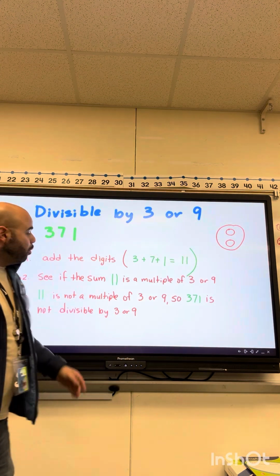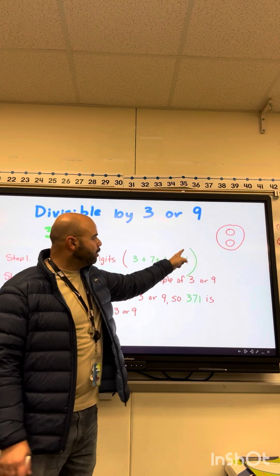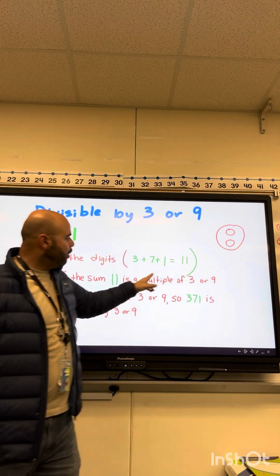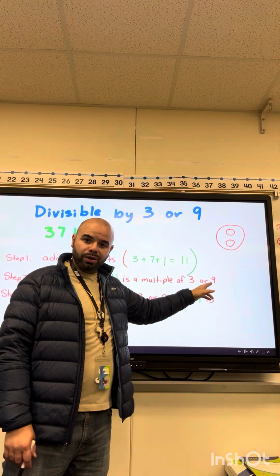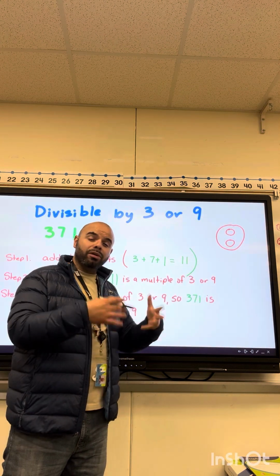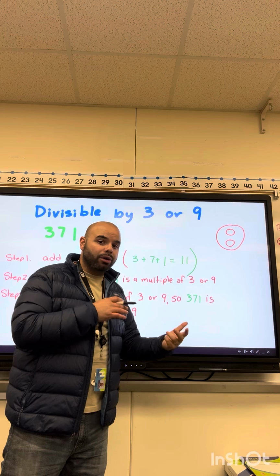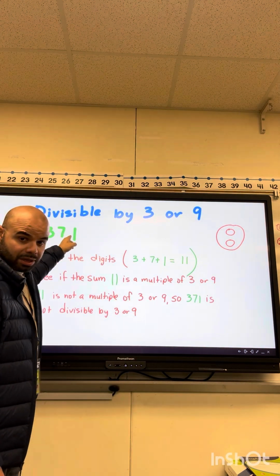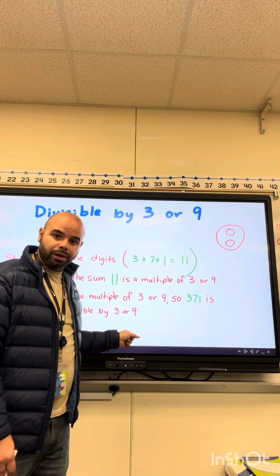So what you're doing is you're utilizing the sum of all these digits here, figuring out if they're multiples of 3 and 9, and by figuring that out, it lets you know that this number cannot be divided by 3 and 9.